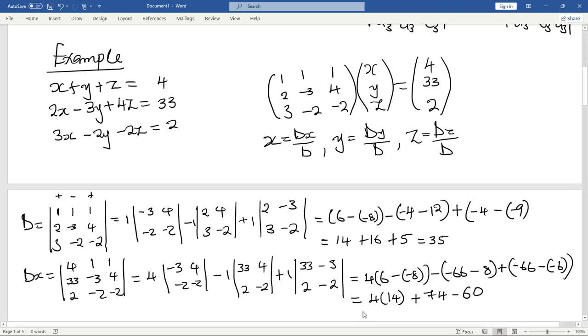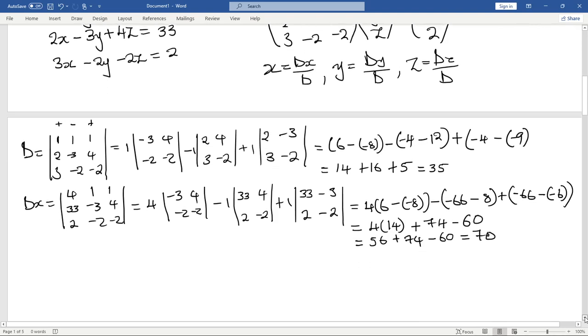So now if you multiply 4 by 14 here, we're going to have 56 plus 74 minus 60 here. So if you add all these numbers here, this plus this, we're going to get 130. 130 minus 60 here, we simply get 70 there, like this here. Okay. So now let's also find Dy and Dz there.